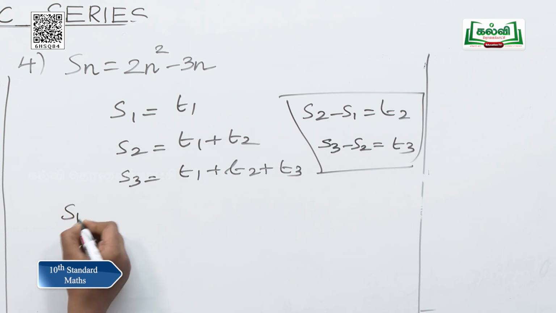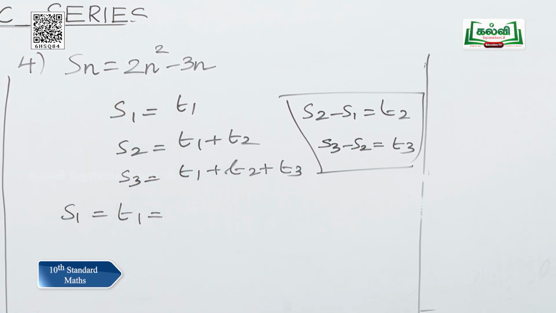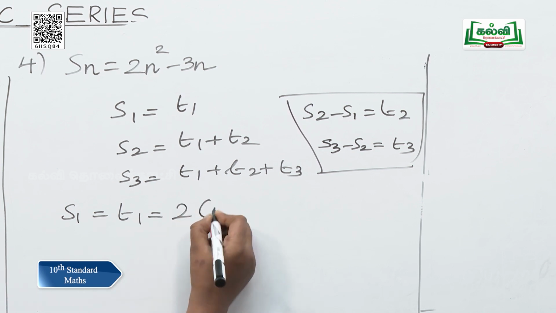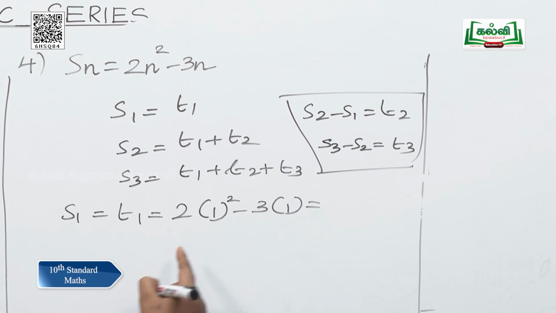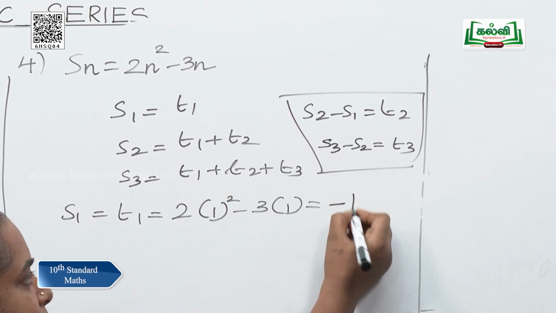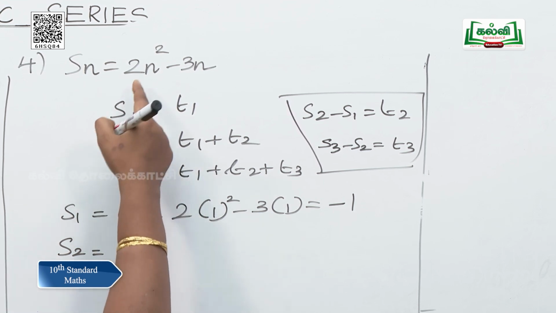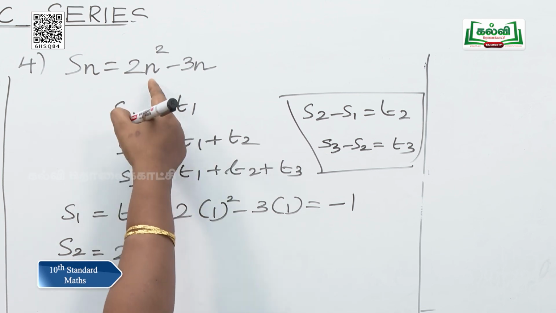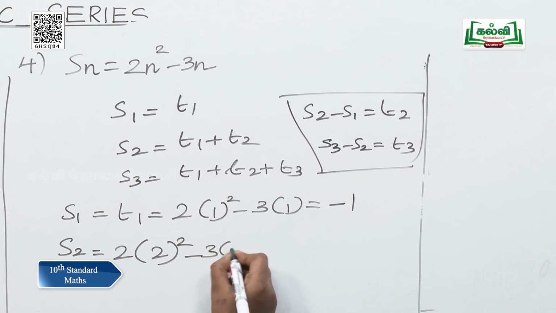See, S1, which is our T1, is substitute 1 in the place of n. So 2 into 1 square minus 3 into 1, which is 2 into 1, 2 minus 3 is minus 1. And substitute for S2. So substitute n, that is 2 instead of n. So 2 square minus 3 into 2.